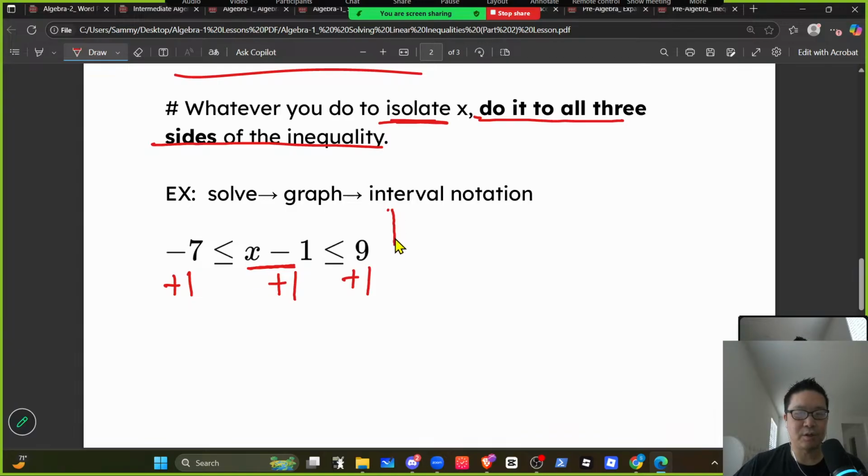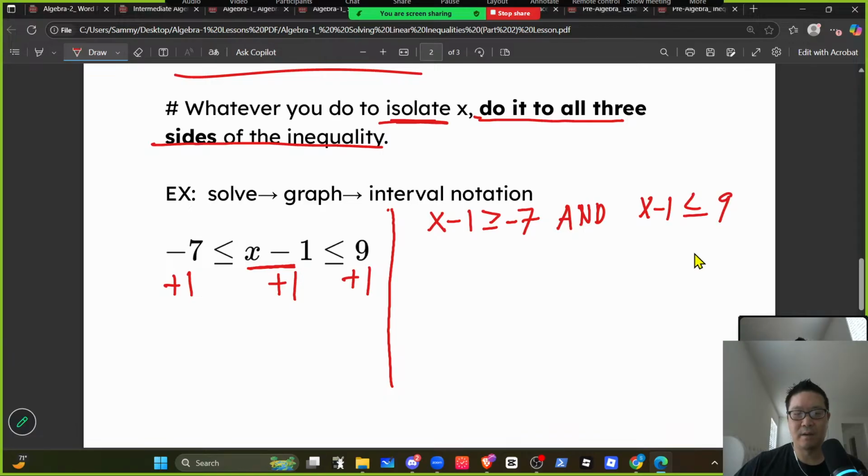Just to show you, you can break this up into x minus 1 is greater than or equal to -7, and x minus 1 is less than or equal to 9. And then solve it this way, and you should get the same answer. But again, this is more work, and you don't want to do more work, okay?